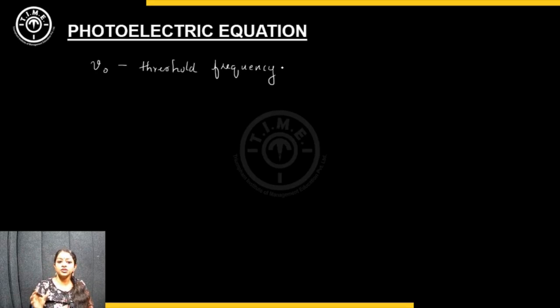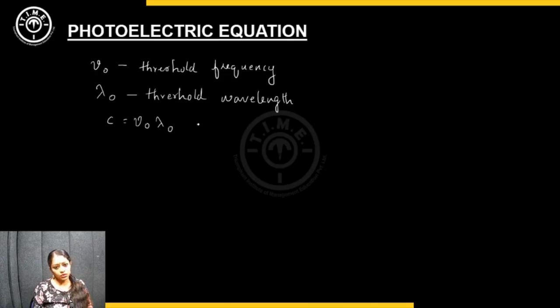And corresponding to this minimum frequency, there is definitely a maximum wavelength which is denoted by lambda 0, and that can be called the threshold wavelength. Clear? And what is the relation between threshold frequency and threshold wavelength? Yes, definitely that is c is equal to nu 0 lambda 0.